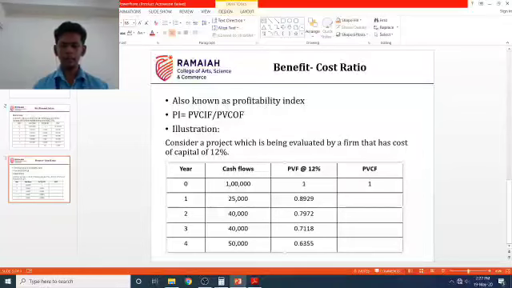Now you need to multiply both of them, similar to what we had done in our net present value.